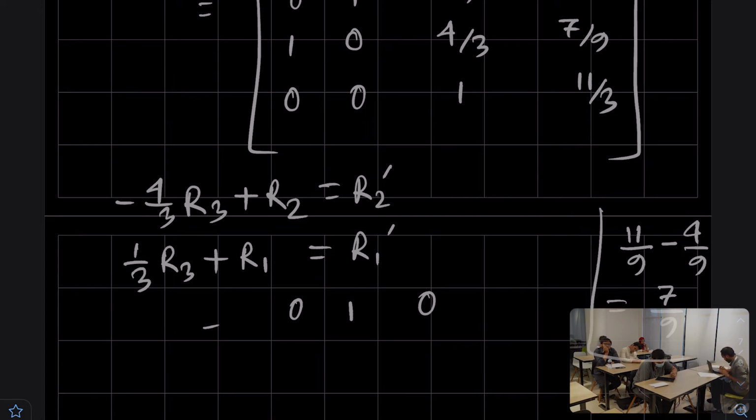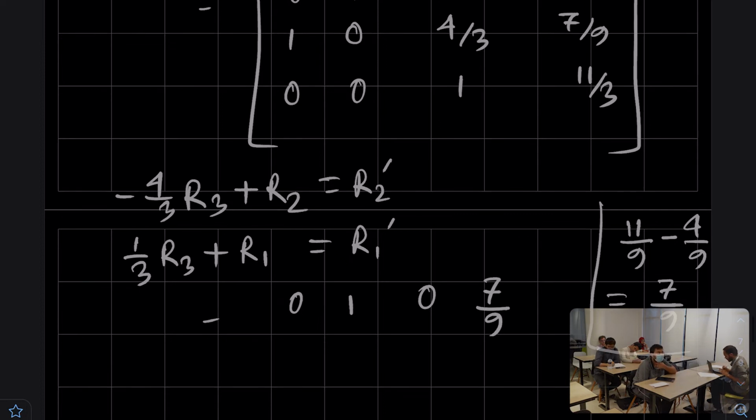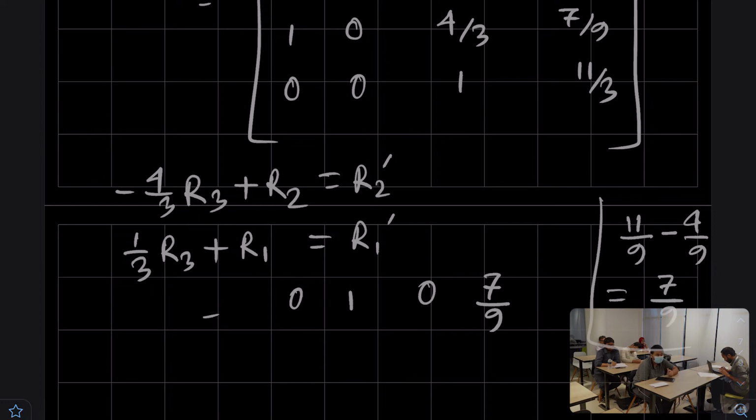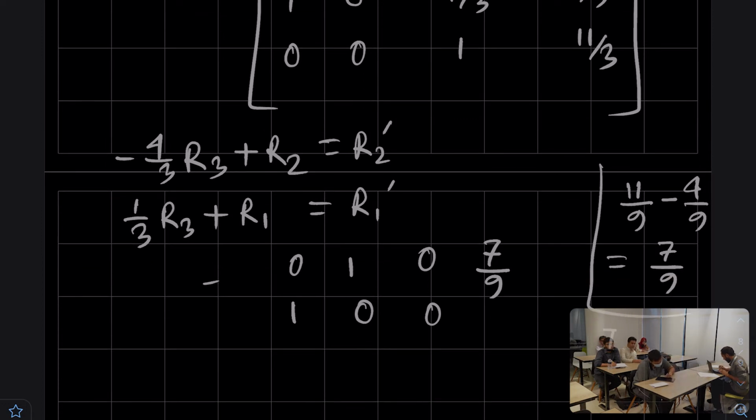Yeah, so this is 7/9, and the second one is 1, 0, 0, 7/9 minus 44/3, which is 7 minus 44 over 9, that is minus 37 over 9.